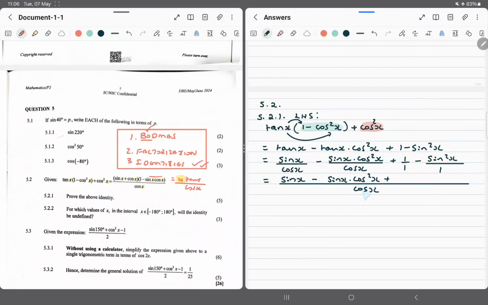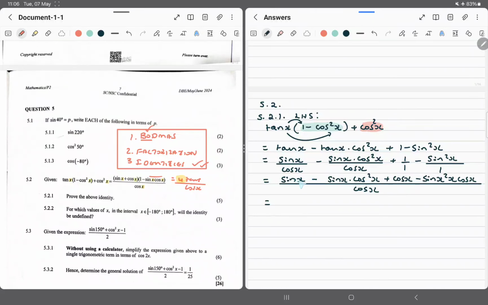Now cos x divided by 1 is cos x times the numerator, cos x minus. That is going to give us sine squared x cos x. Okay, great. So we keep moving.